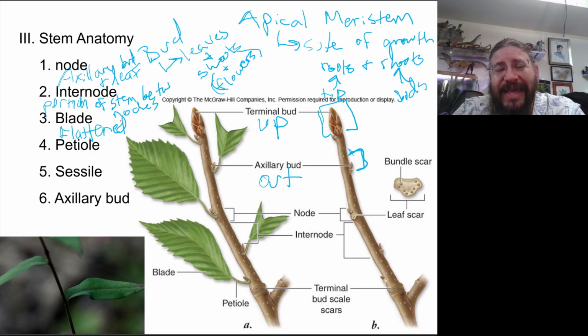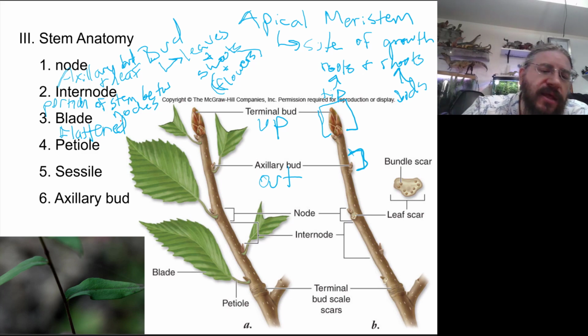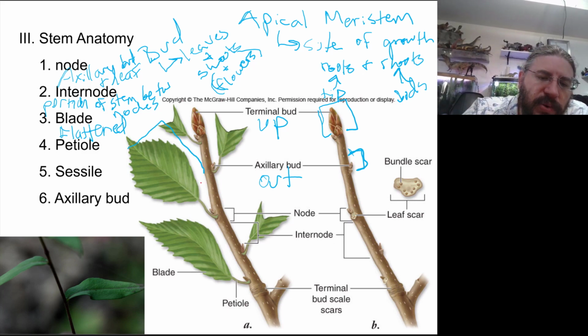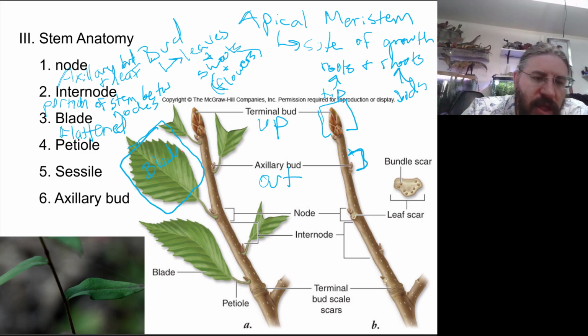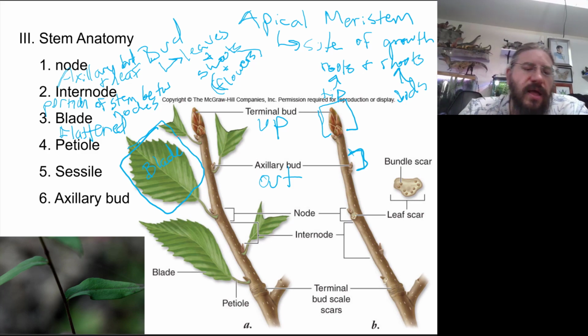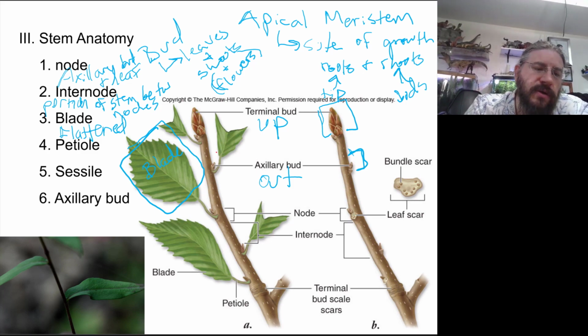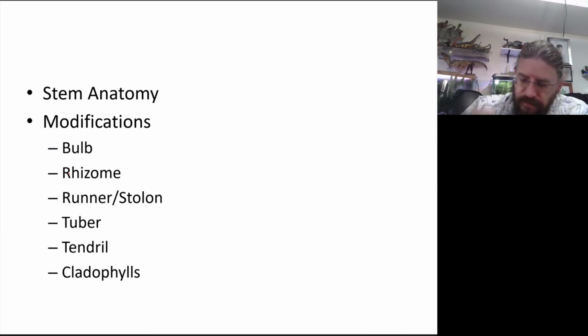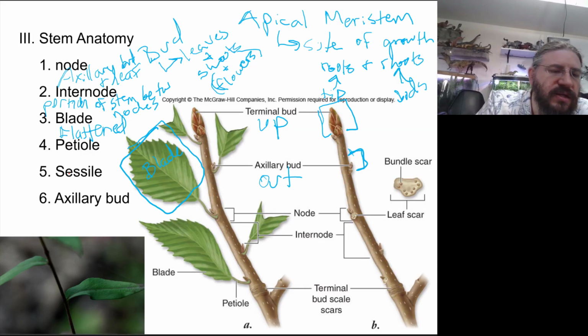So leaf anatomy is stem anatomy. The blade is the flattened portion of the leaf. And then the petiole is the little stalk of the leaf connecting to the node. So, the stalk that goes blade to node.